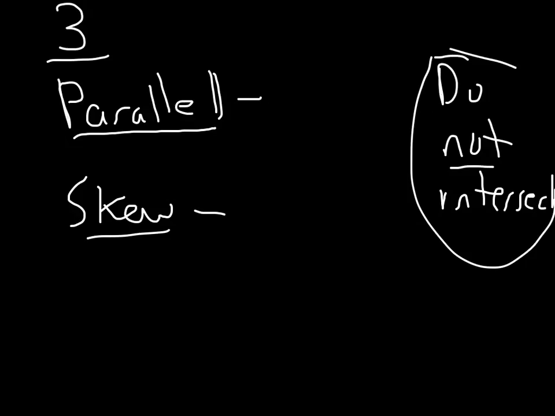The difference is parallel lines are lines in the same plane. They are coplanar lines that do not intersect, whereas skew lines are lines that don't intersect, which are not in the same plane.